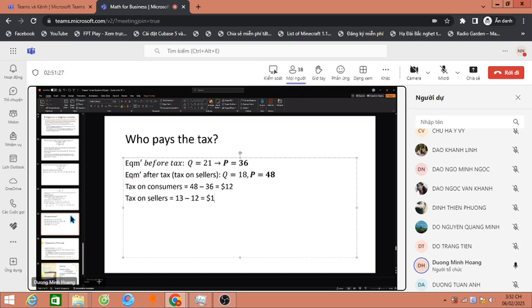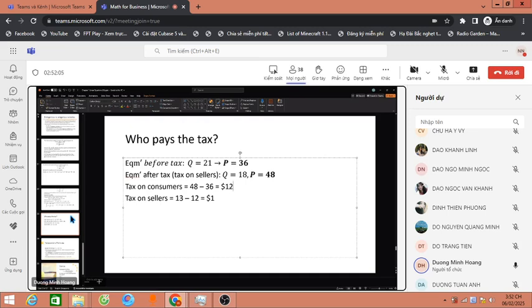In other cases, if the consumers do not show that much desire for that good, that leaves sellers little choice but to share most of the burden of the tax. But in this case, sellers could push the majority of the tax burden to consumers.